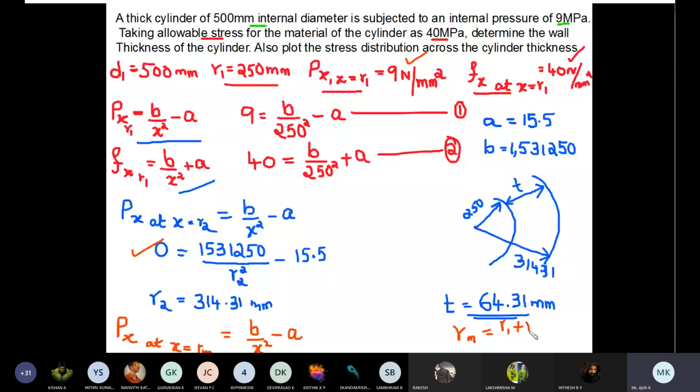You know the value of R1 and R2, so you will get the Rm value as 282.15.